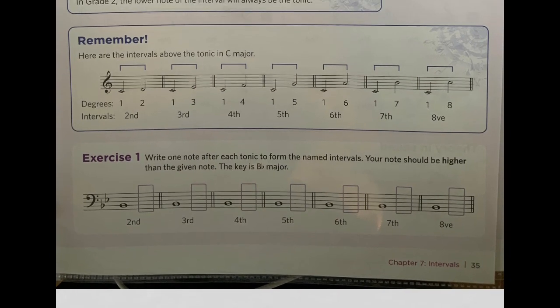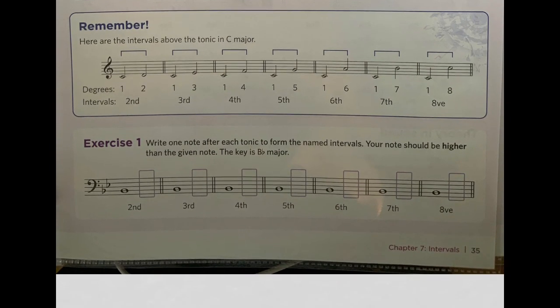So in this one, we are going to write one note after each tonic to form the named intervals. Your note should be higher than the given note. The first thing that we notice is that we're in bass clef, and it's B flat and E flat, which tells me that we are in the key of B flat major.